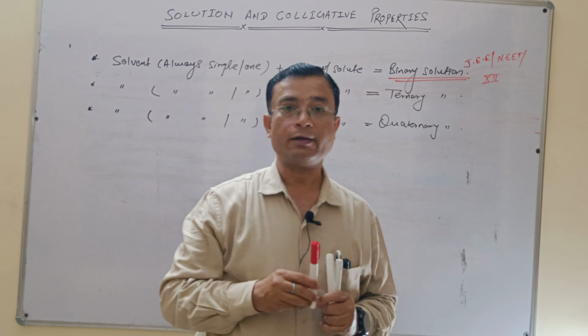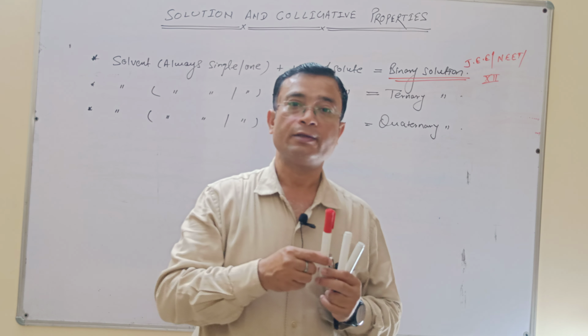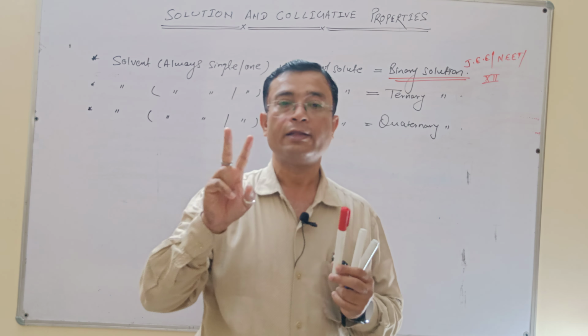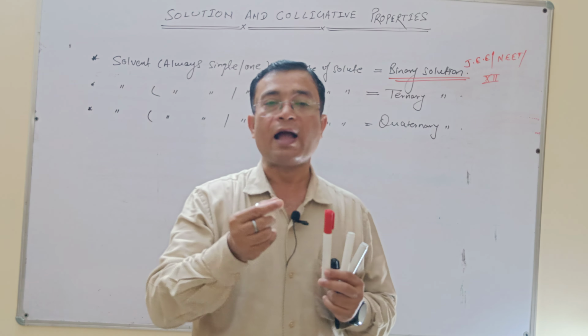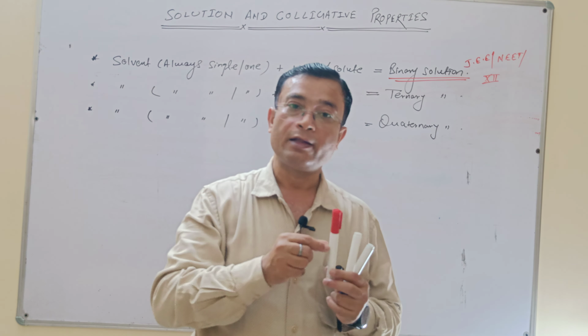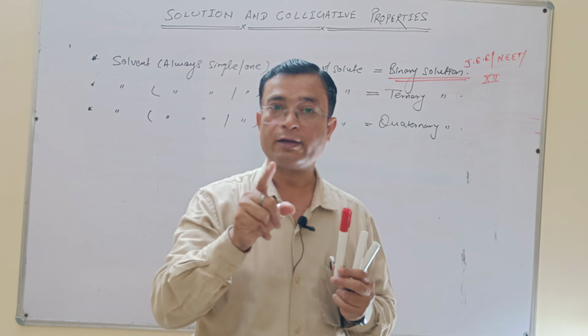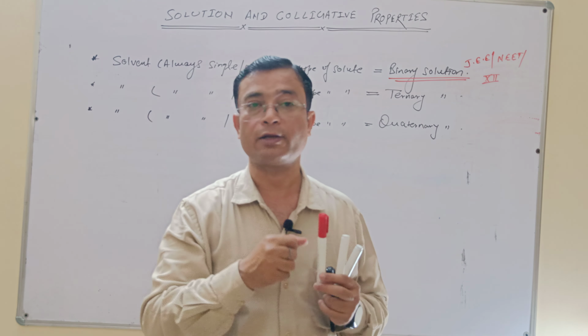Suppose I have water and I dissolve some sugar molecules in it. Then there is one sugar solute and one solvent, the water, so a total of two components, which is called a binary solution. If I add some amount of salt, now two different types of solute, sugar and salt, with water, then a total of three components, that is called a ternary solution.